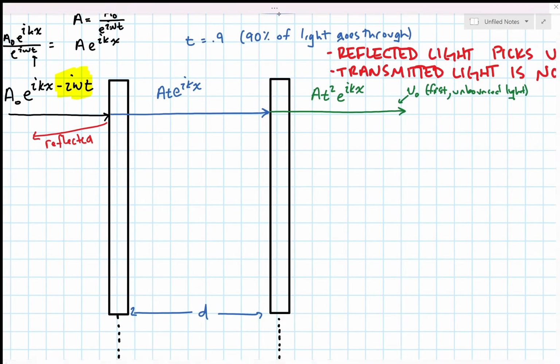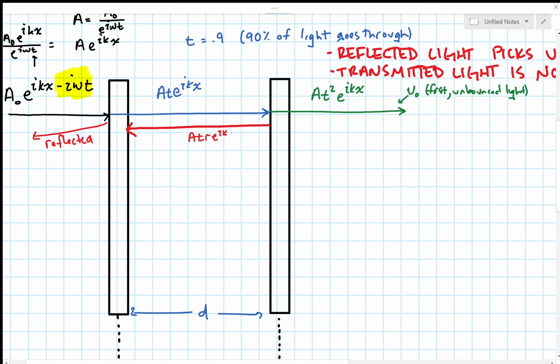Okay, but because this mirror partially reflects, some of it gets bounced back. And this is the important part. This red light, when it's going this way, it's A T, right? Because it only got transmitted once. But it also has a reflected bit, so it gets dimmed because it's reflected. If 90% of the light went through, only 10% of the light went back. So the dimming factor is now T times R, and it picked up a phase shift.